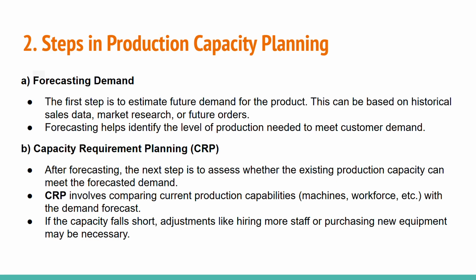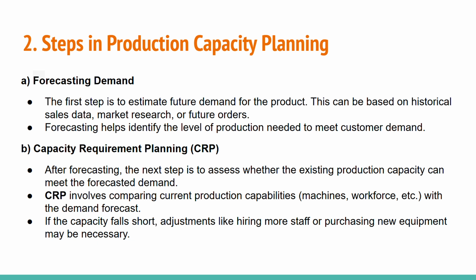First is forecasting demand. The first step is to estimate future demand for the product. This can be based on historical sales data, market research, or future orders. Forecasting helps identify the level of production needed to meet customer demand. Next is capacity requirement planning, CRP.